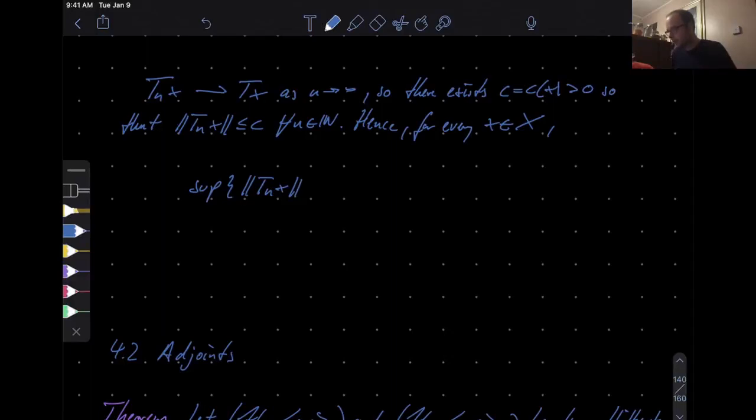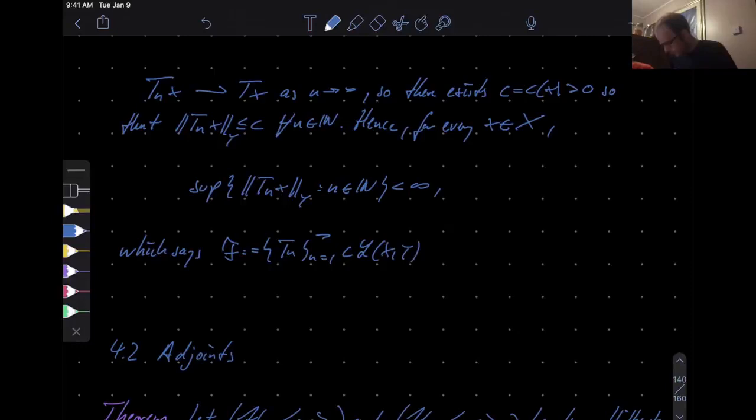And by the way, here we could of course index the norm, because I wrote in the statement of the theorem that there are two norms, one on the X space, one on the Y space. So here these are elements in the Y space, so let's put the index in there. This thing is bounded, and that says the family F, which is Tn, n from 1 to infinity, that's a family of bounded linear transformations, is pointwise bounded. And now you see clearly you need that X and Y are Banach spaces.